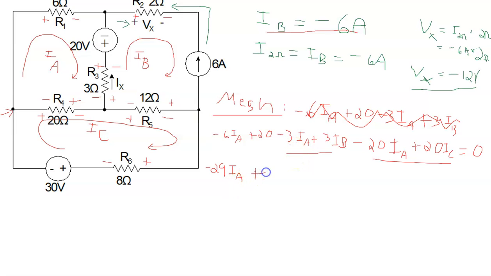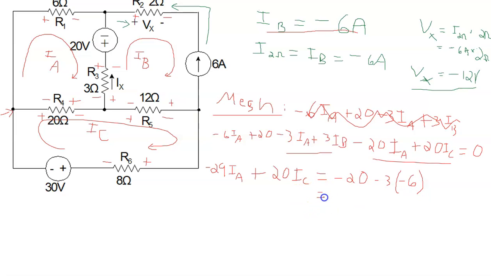So we have plus 20 times IC, and that is equal to, this plus 20 goes across, becomes -20. The term with IB in it goes across, becomes -3 times -6 amps for IB.